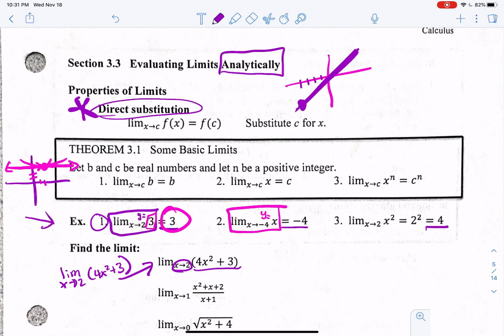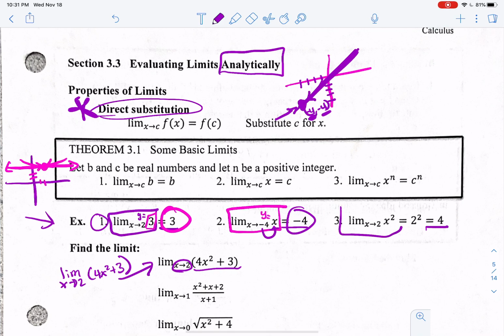Well, since he's up 1 over 1 or down 1 to the left 1, he's going to be at negative 4. Coming in from the left side, coming in from the right side, he's approaching a y-coordinate of negative 4. That point is negative 4 on the x, negative 4 on the y, so that solution is negative 4, okay? Same thing, I could just take negative 4 and plug it in for x, and I would get negative 4. That's just how it works, okay?